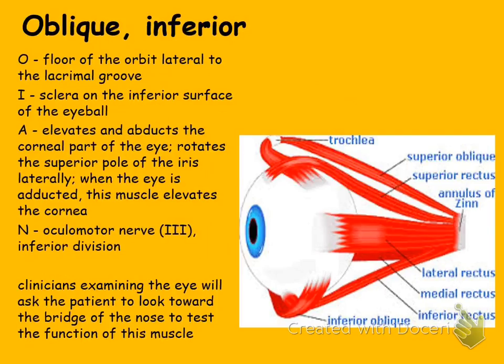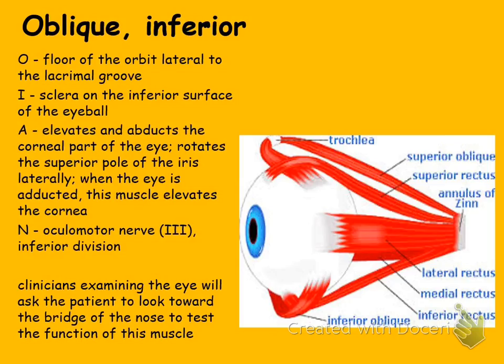Inferior oblique muscle. This is not to be confused with a muscle in your stomach, but it originates on the floor of the orbit and inserts on the sclera, the inferior surface of the eyeball. What it does is elevate and abduct the cornea part of the eye and rotate the superior pole of the iris laterally.